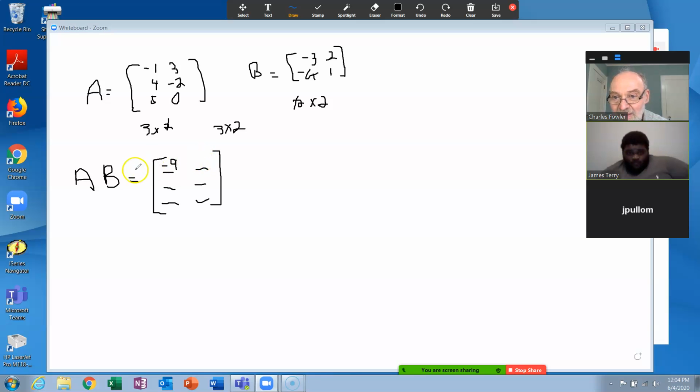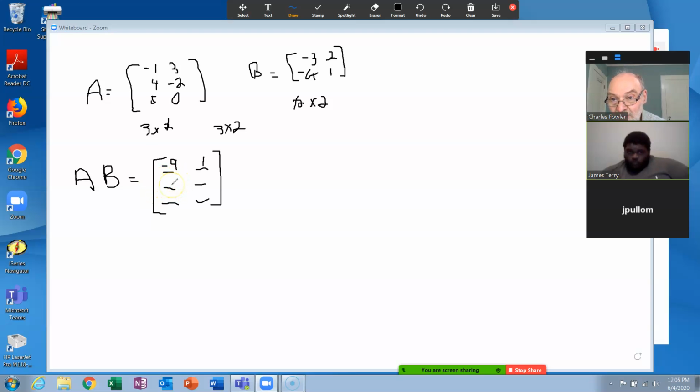That entry there is first row, second column. So that's exactly what I do. First row of A by the second column of B. So the first row is a minus 1 times 2 is negative 2 plus a 3 times 1, 3. Negative 2 plus 3 is 1. Perfect.